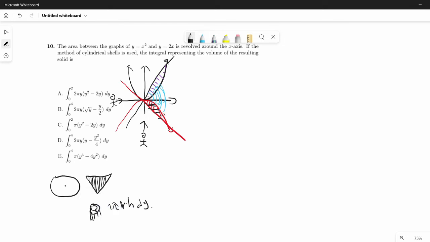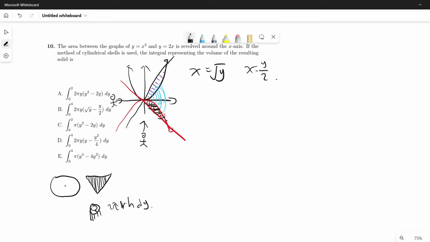So in this case, we have to sort of flip the dependent variable. So the two equations would be x equal to square root of y and x equal to y minus 2. Since we're doing dy, cylindrical shells need to go this way.